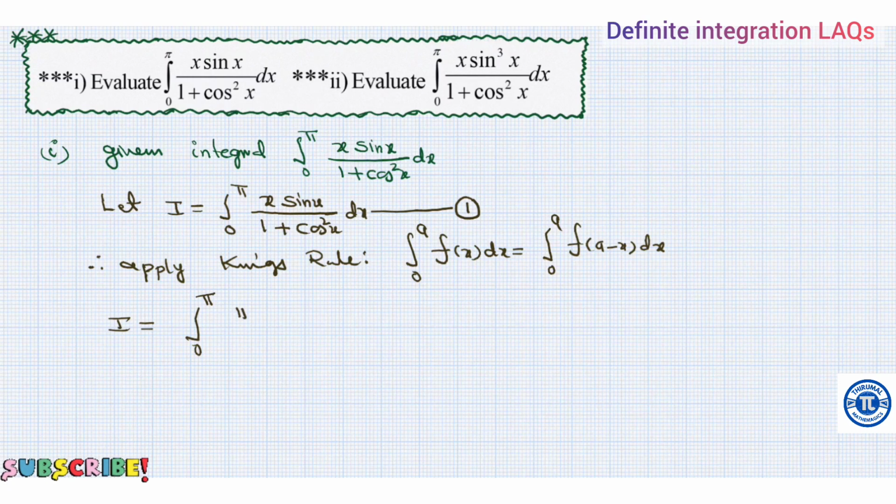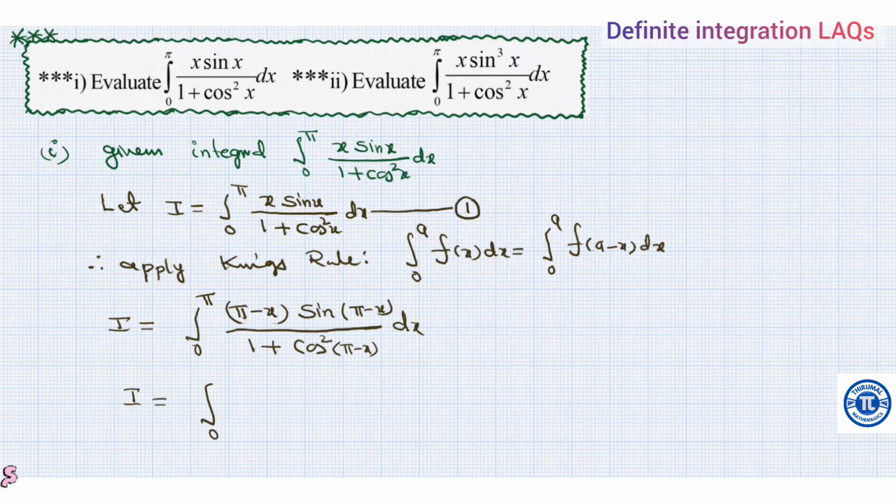so right here pi minus x into sine of pi minus x by 1 plus cos of pi minus x whole square dx. Okay, now it is equal to the integral from 0 to pi of pi minus x into sine.